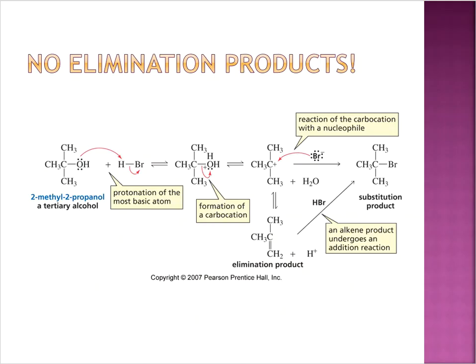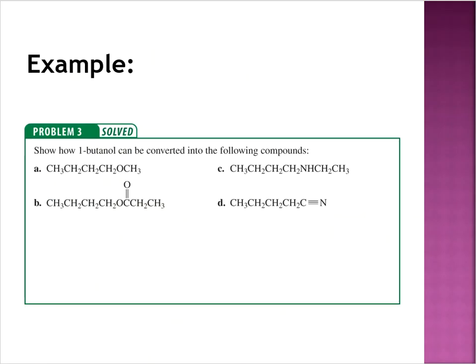All right, so now let's take a look at some examples. Show how 1-butanol can be converted into the following compounds. Oh, gosh. What on earth do they want me to do here? They want me to start with 1-butanol.